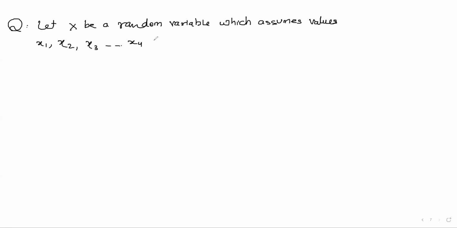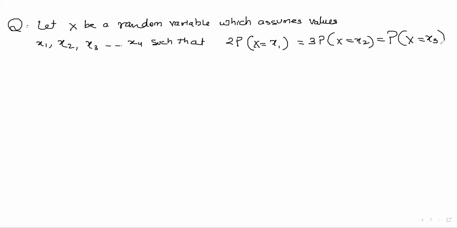Next is let x be a random variable which assumes values x1, x2, x3, up to x4 such that 2P(X = x1) = 3P(X = x2) = P(X = x3) = 5P(X = x4).